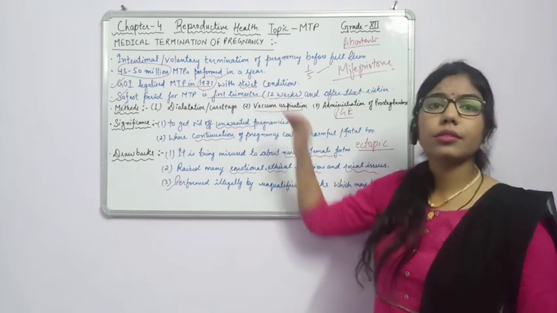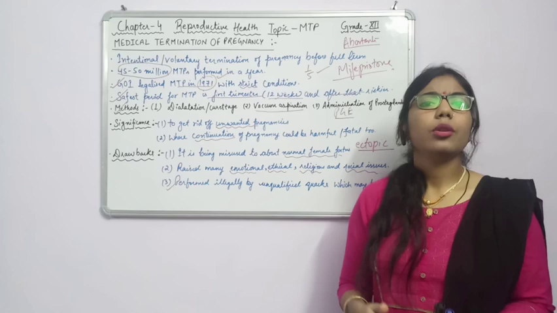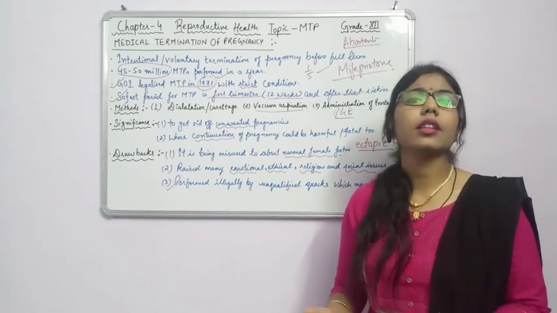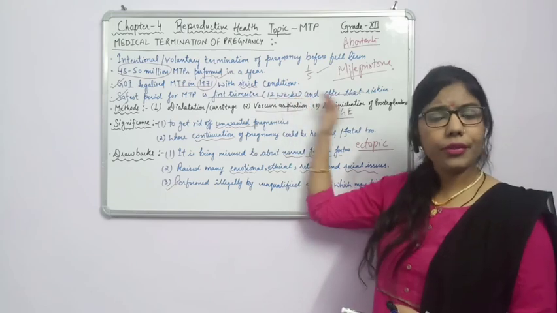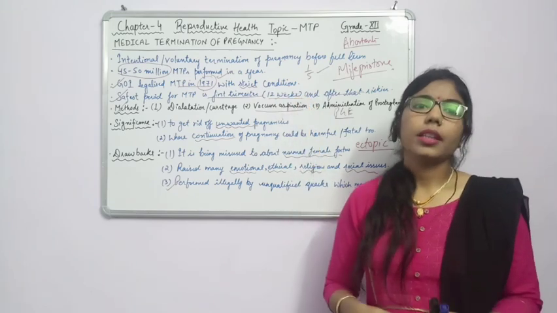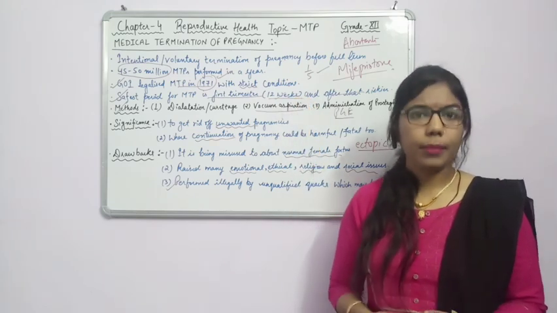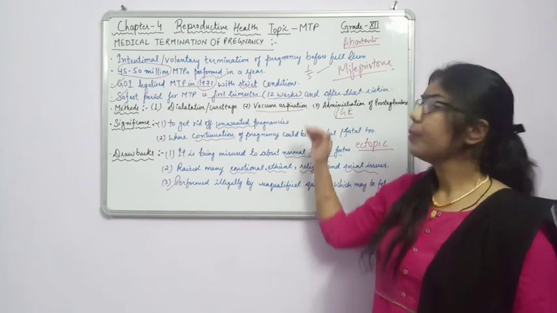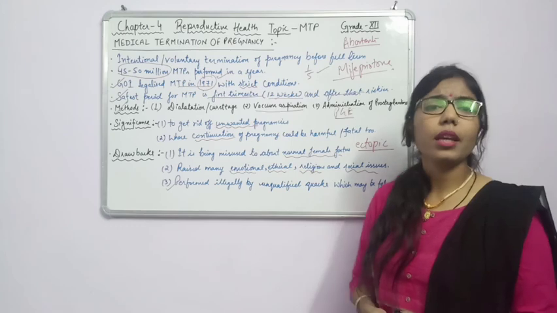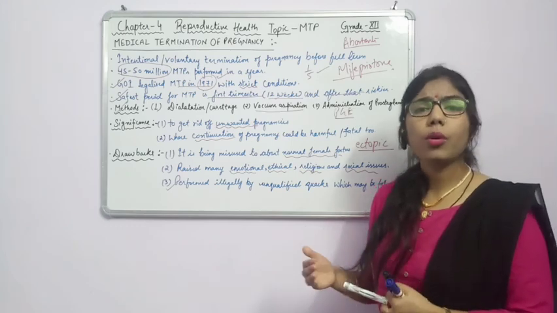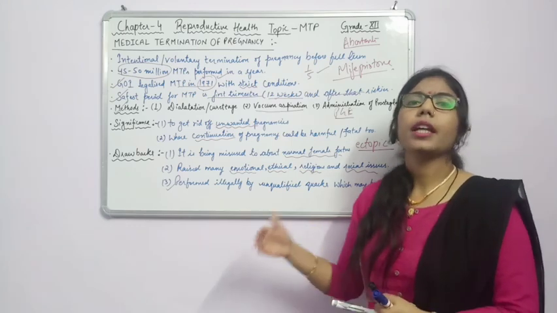Even in the first trimester, it is important to take the consultation of the medical practitioner. And if the MTP is after 3 months, again there will be a need for more medical practitioner suggestion or prescription. Why? Because it will be riskier as the period goes on.